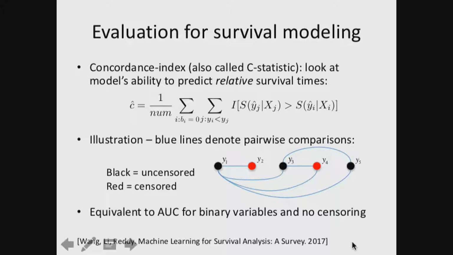And then we look at yi compared to all other yj that have a value greater than it, both censored and uncensored. Now, if your data had no censored data points in it, then you can verify that, in fact, this corresponds.